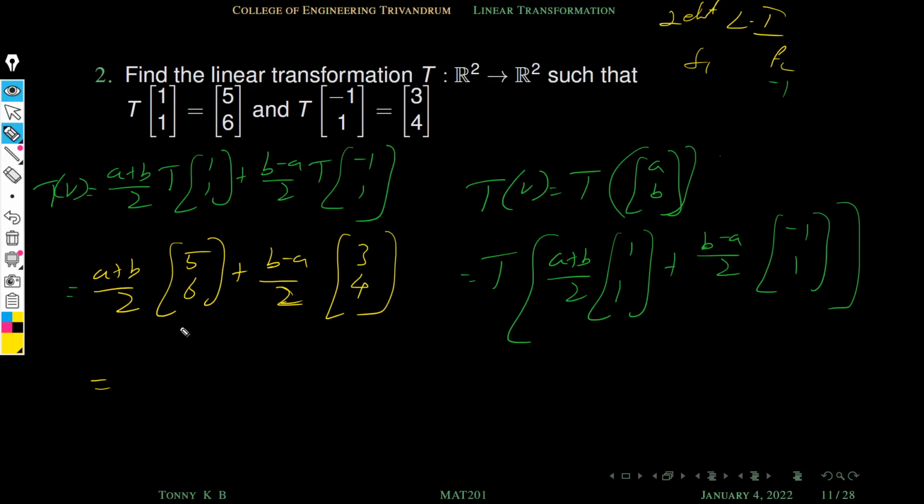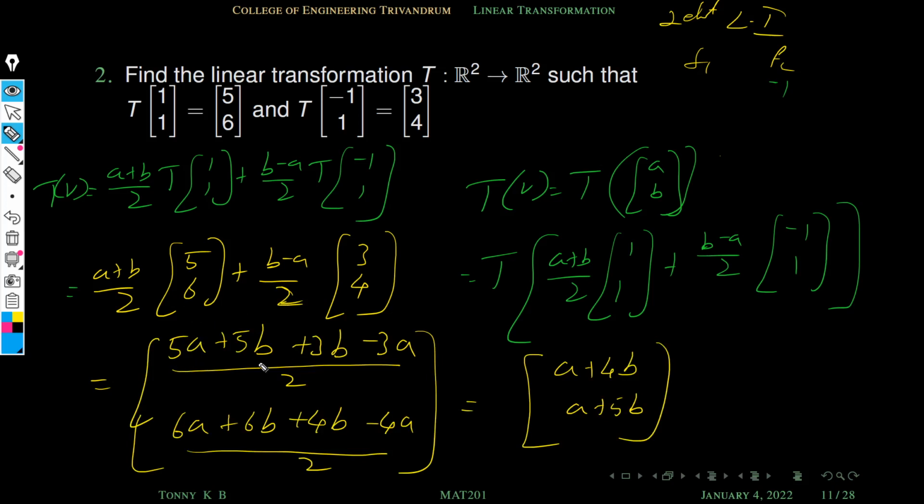You can expand this. So this becomes the first term 5a plus 5b plus 3b minus 3a, divided by 2, and the second term 6a plus 6b plus 4b minus 4a, divided by 2. On simplification, this becomes a plus 4b and a plus 5b.